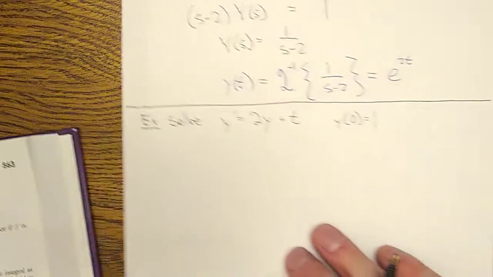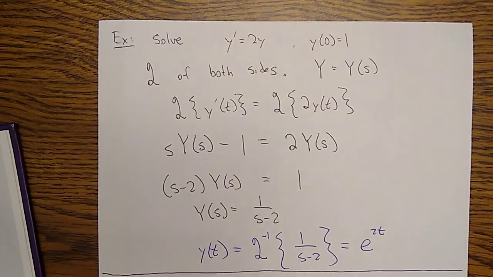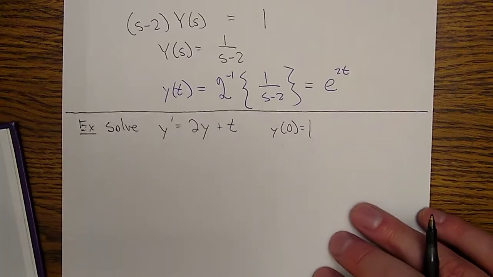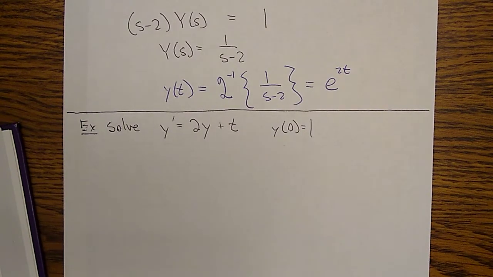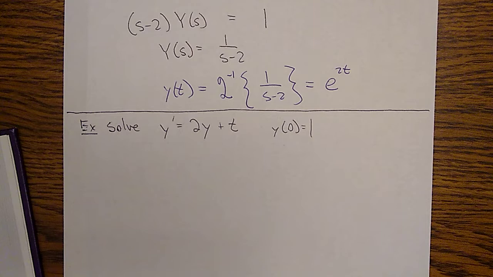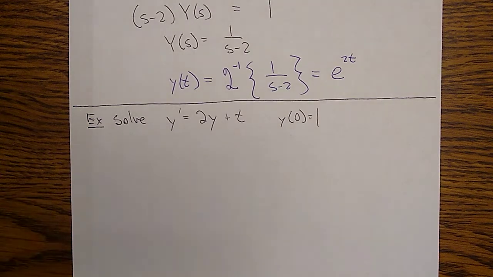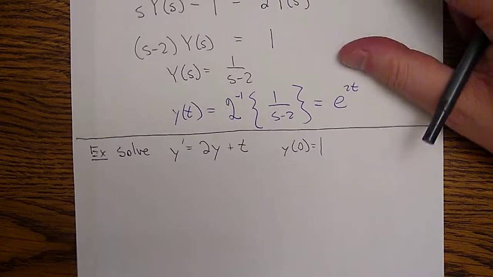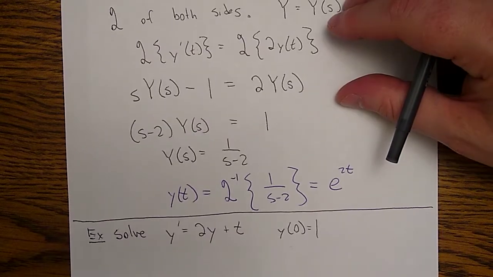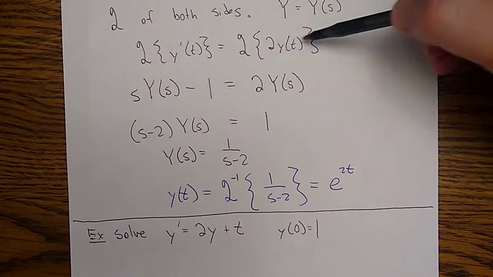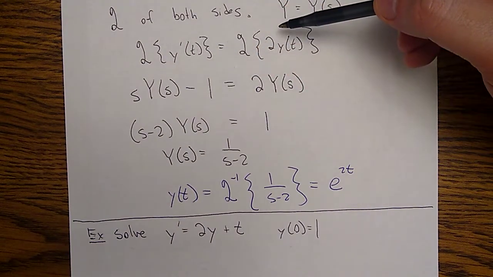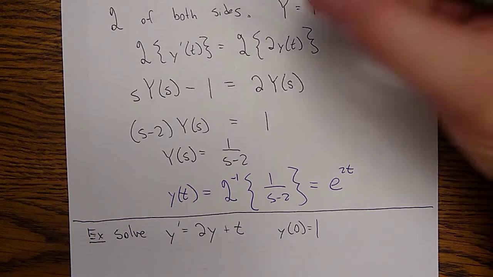It's just y prime is 2y plus t. The last one, y prime, was just 2y. So let's think about this one. I would do the same. I mean, fundamentally, my first step is the same. I do the Laplace transform of both sides.